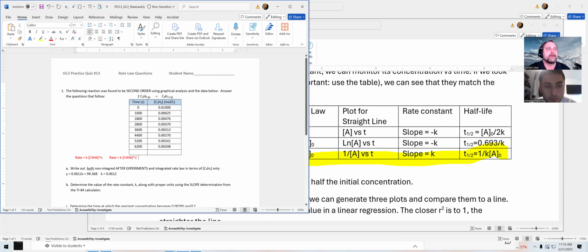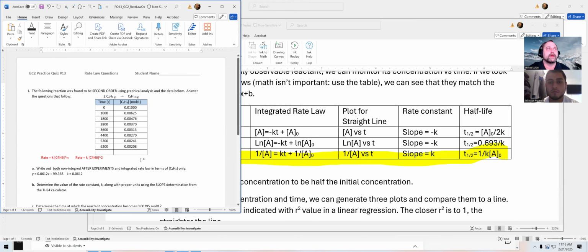And then they wanted the integrated rate law. And so the integrated rate law, we said we can find off of this table. And I'm going to just pull this over. The integrated rate law says 1 over that concentration of A, which is the C4H6, equals our kt, which our k was 0.0612 times t.